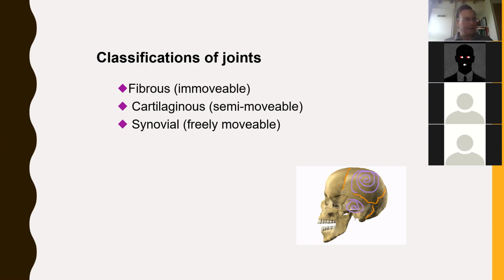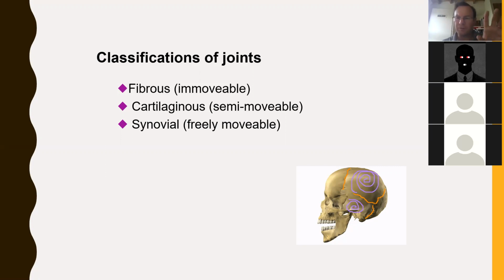And then lastly, we've got these types of synovial joints. So we'll dig into those in much greater depth. The synovial joints are the ones that are much more freely movable. So really the joint that will predominate in our appendicular skeleton and allow us to move and work freely.